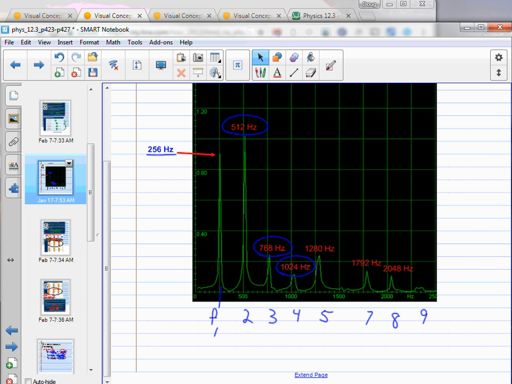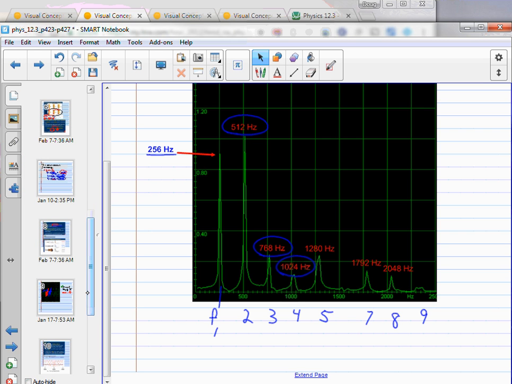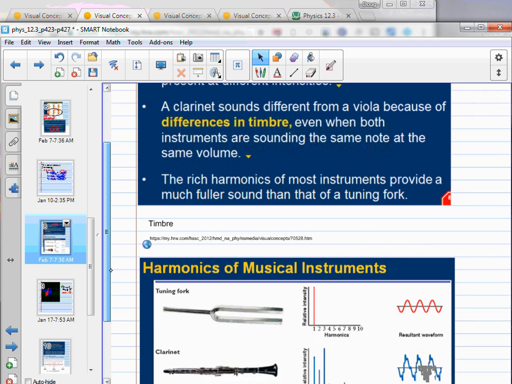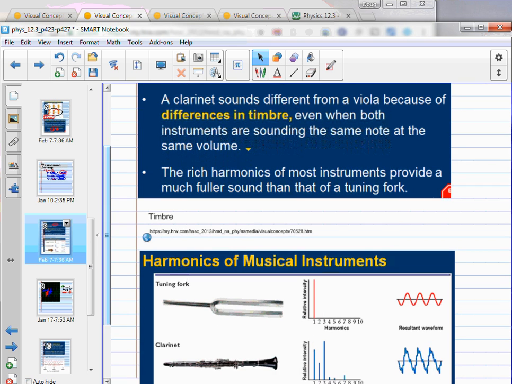And the combinations that are present and the volumes of those combinations, or the intensity, will provide the timbre. So every instrument has its own unique combination of harmonics when you play a note. Clarinet sounds different from a viola because the difference is in timbre, even when both instruments are sounding the same note at the same volume.